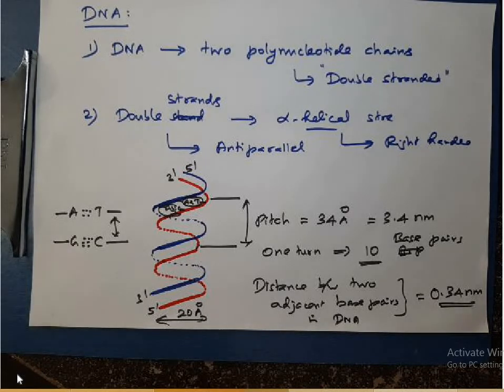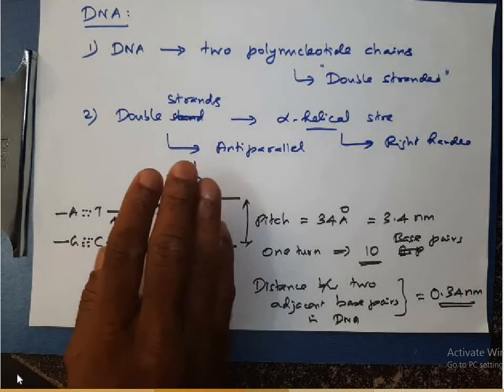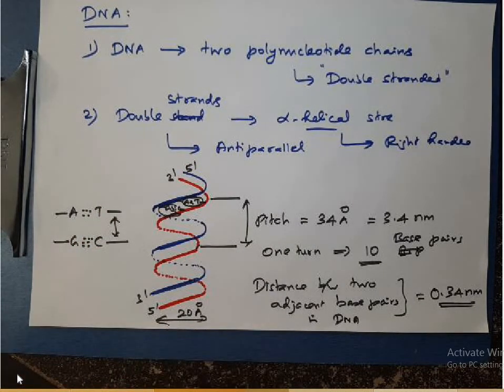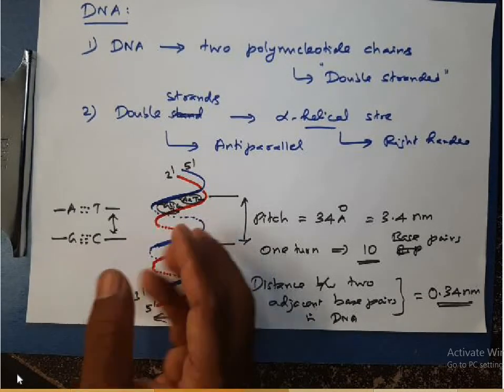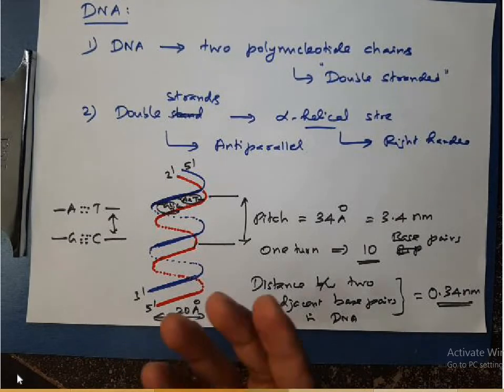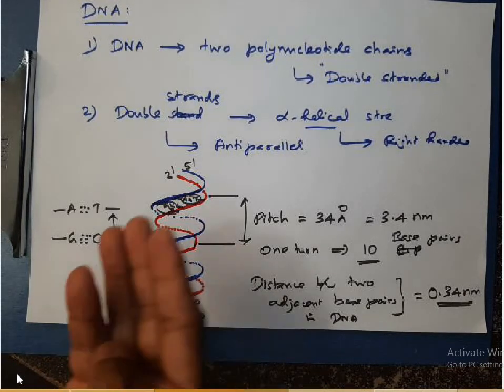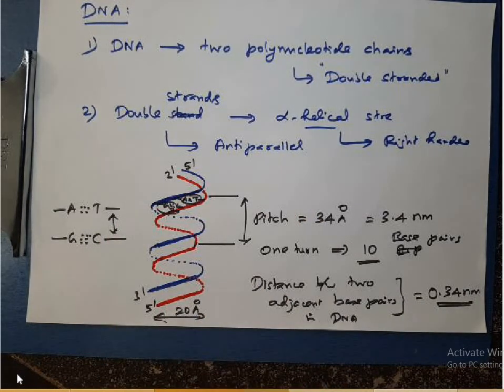Now, what is meant by denaturation? You know very well, whenever a DNA molecule is exposed to a high temperature, or to some radiation, very specifically ultraviolet radiation, or any reagent, what will happen?